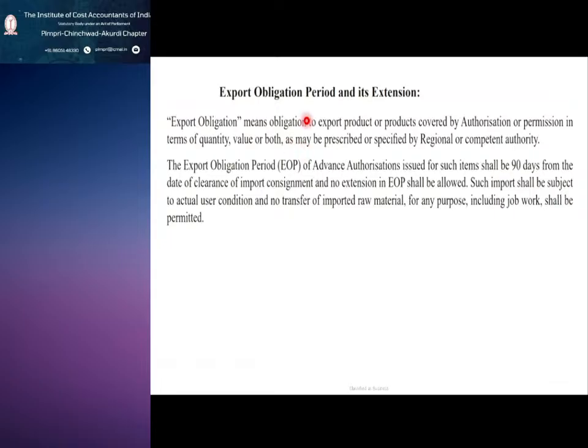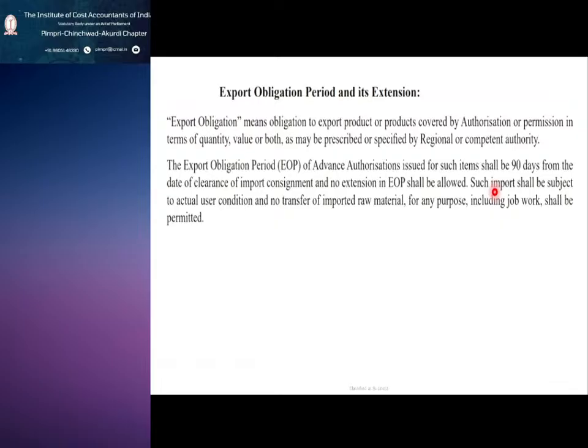The export obligation is to export the product or products covered by authorization or permission in terms of quantity, value or both, prescribed or specified by the regional or competent authority. The export obligation period of advance authorization issued for such items. So this 90 days is for some specified items only.